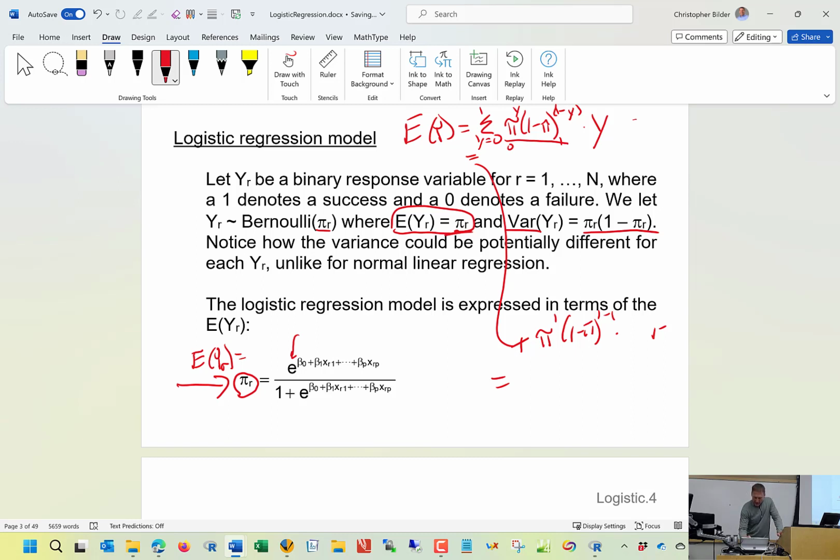So now when I do this, I get pi raised to the 0, 1 minus pi raised to the 1 minus 0, times y, which is 0, plus pi raised to the 1, 1 minus pi raised to the 1 minus 1, times y equal 1. And this ends up being pi. So the expected value of y for Bernoulli is simply pi. And so this is how I make that connection.